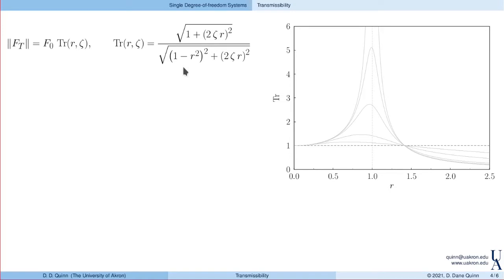And again, this is the transmissibility that we identified previously, right? So once again, just to emphasize this transmissibility, which is the amplitude of Ft divided by F naught, can be interpreted as the force transmitted to the ground divided by the applied force.